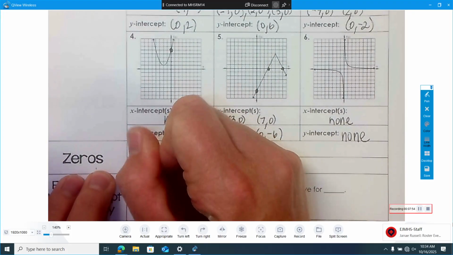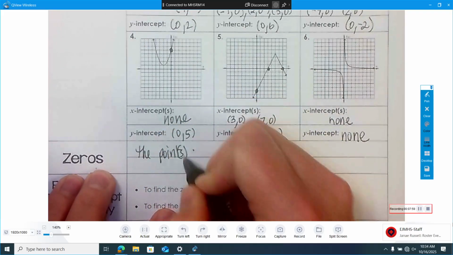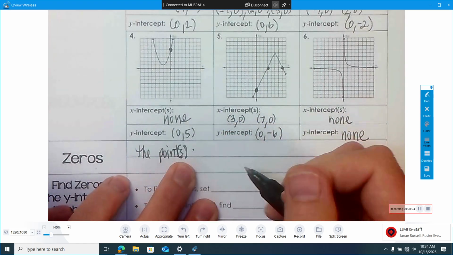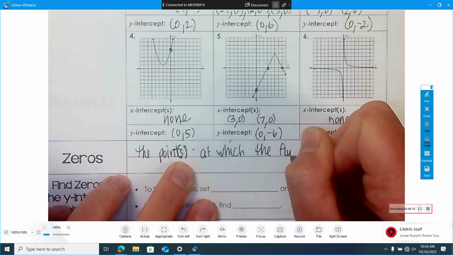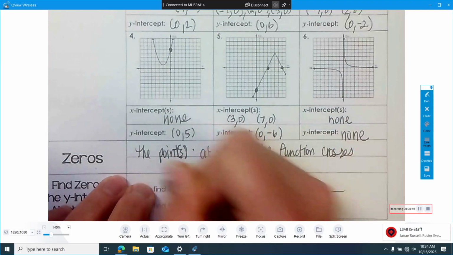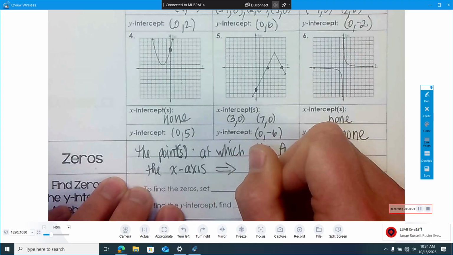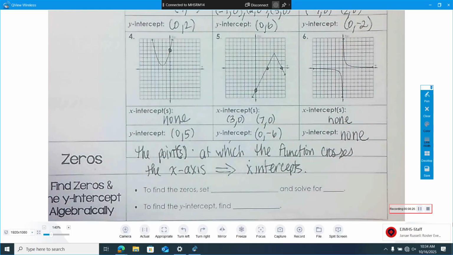The zeros are the points at which the function crosses the x-axis. It's really just the x-intercepts.